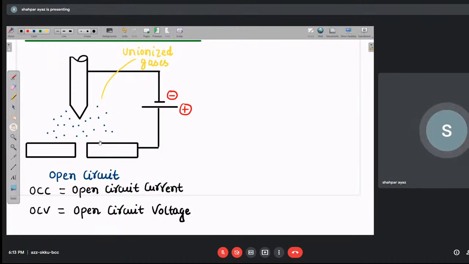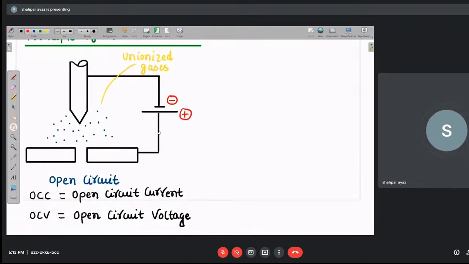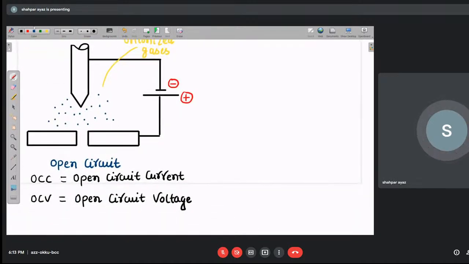So remember that in the first case, open circuit current is zero, but open circuit voltage is not equal to zero. Voltage is there between the electrode and the workpiece, but current is zero.